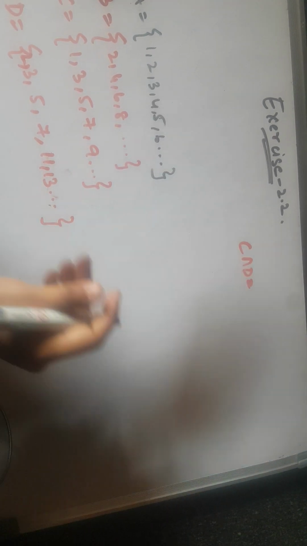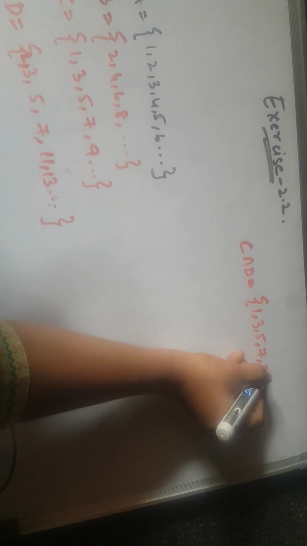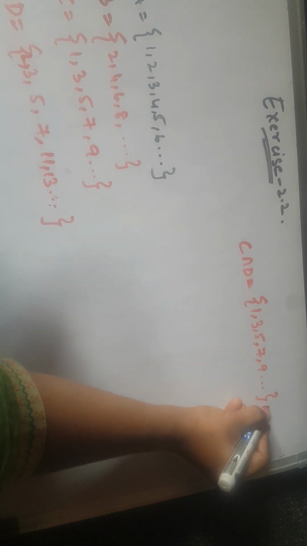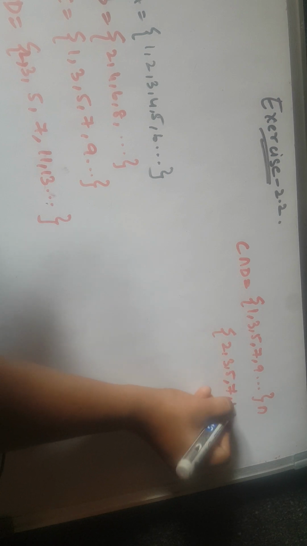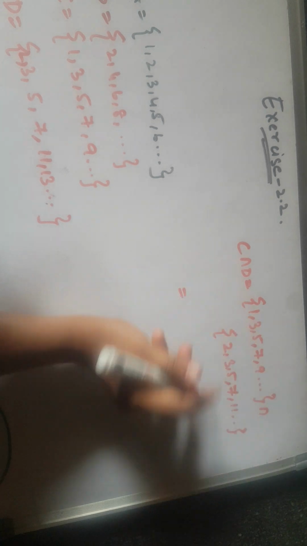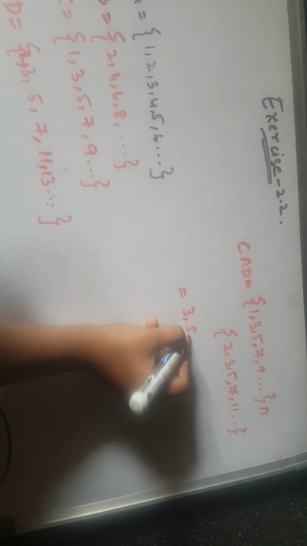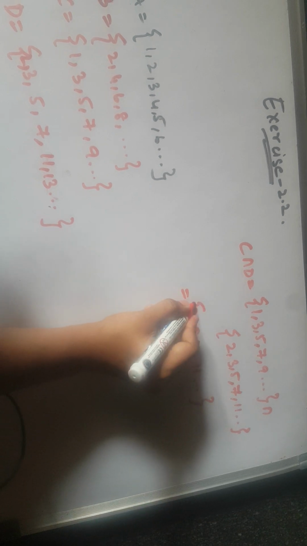Now find C intersection D. In C, what are the numbers? 1, 3, 5, 7, 9. And intersection D means 2, 3, 5, 7, 11, all are prime numbers. So what are the common numbers here? 3, 5, 7, 11, all are prime numbers.